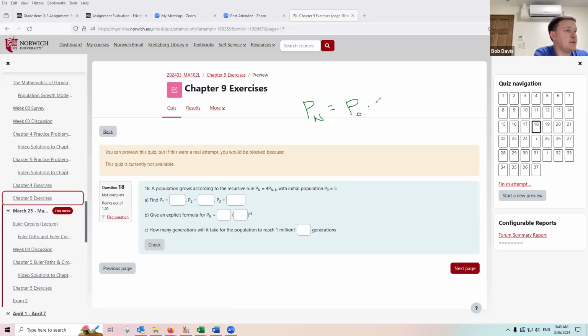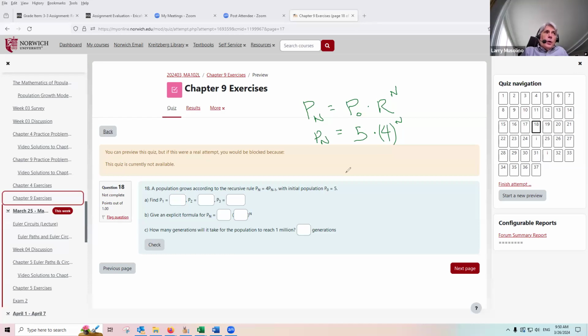And then the initial, P sub 0, is 5. So it's going to be 5 equals 4 times Pn minus... will you just write equals 4 times Pn minus 1?